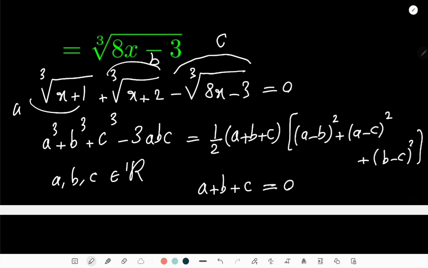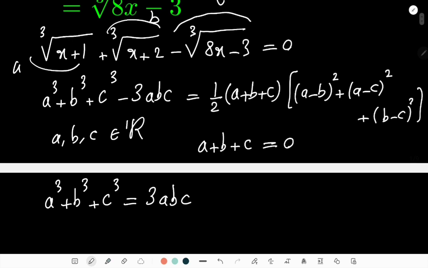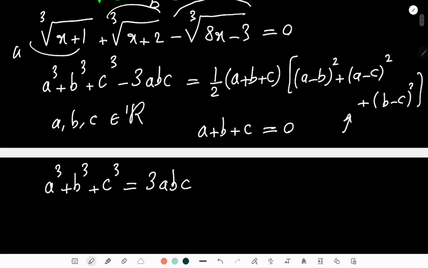So what does it mean? It means then a^3 plus b^3 plus c^3 must be equal to 3abc. Okay, perfect. Because the right hand side of this algebraic identity will be 0, and that's the immediate conclusion from the identity.